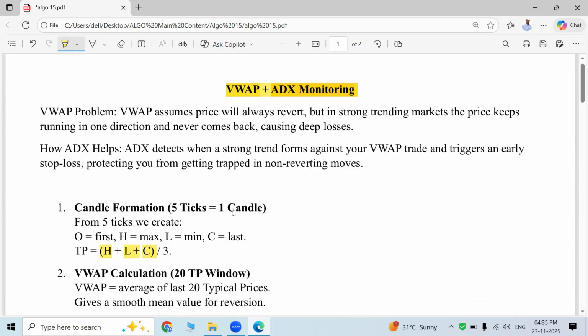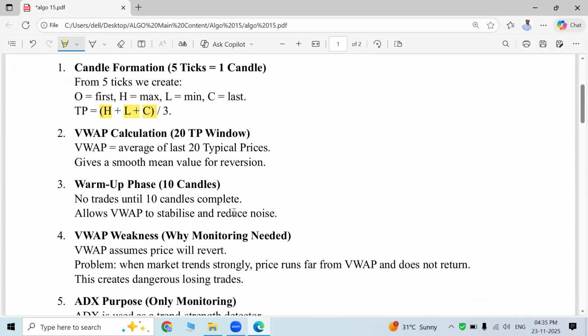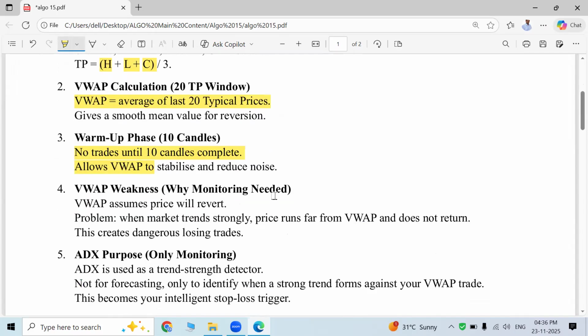That will give us the first value. Then the VWAP will be calculated based on all 20 prices and the volume of the prices. So after 10 candles of total warm up, we are going to find out VWAP. Once we find the VWAP, we will start trading. And if there's a problem in the VWAP, like VWAP is very weak, then we go for monitoring.